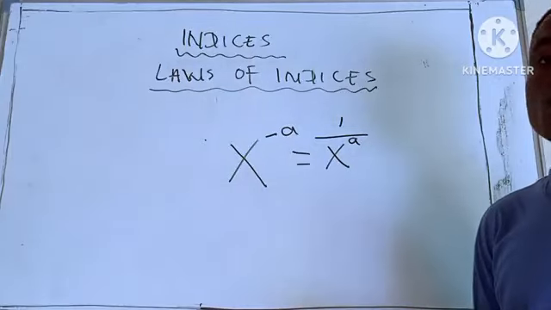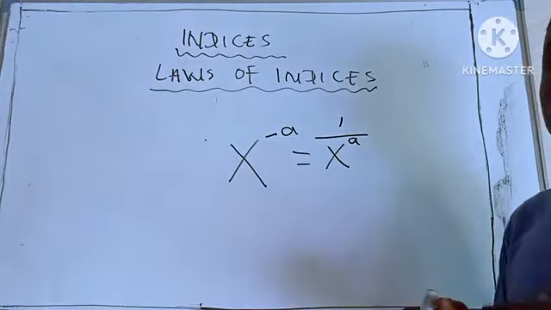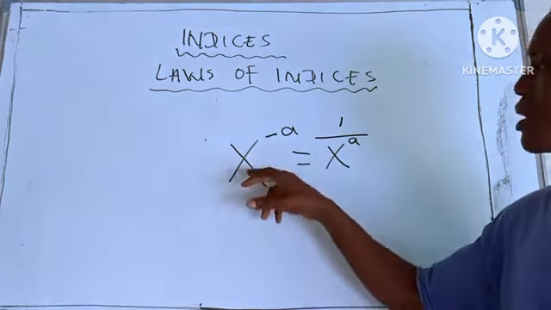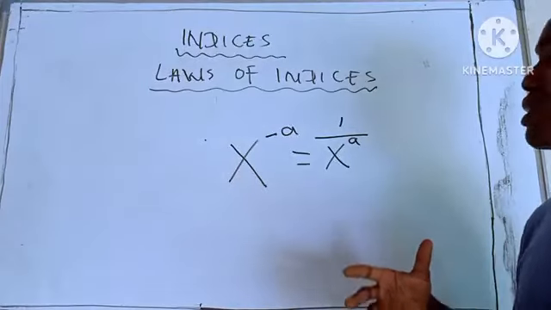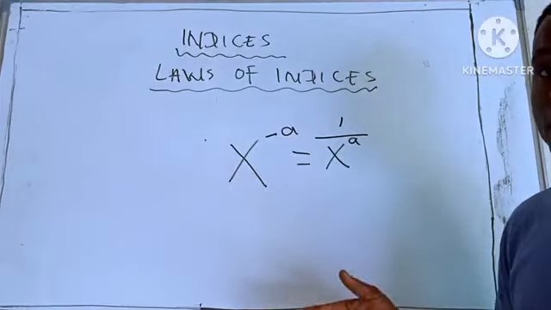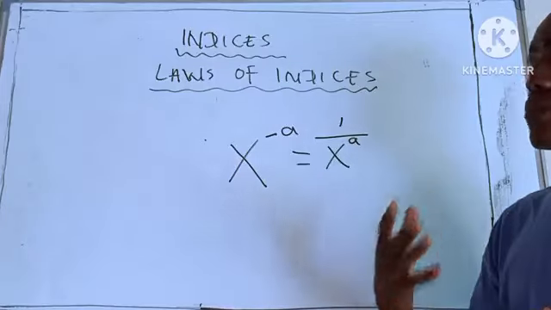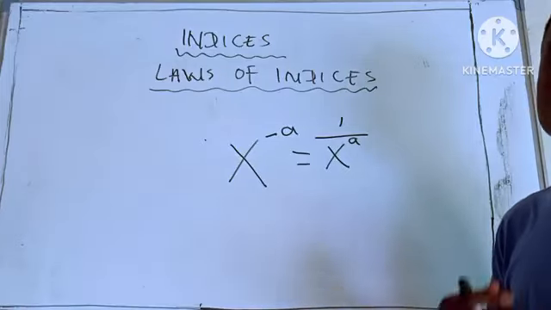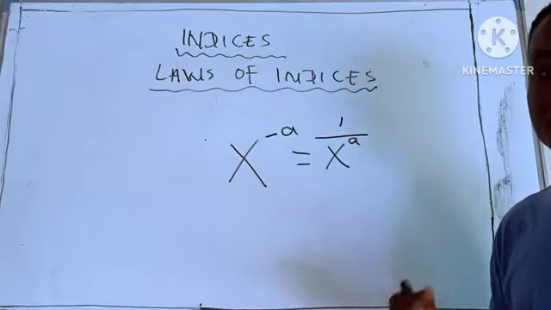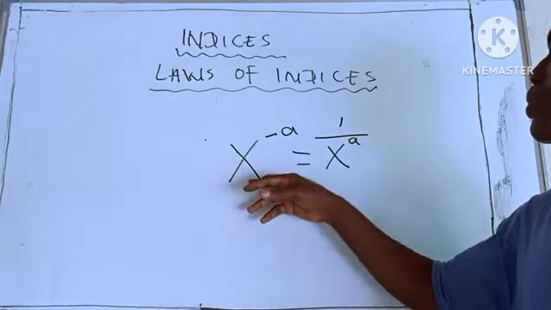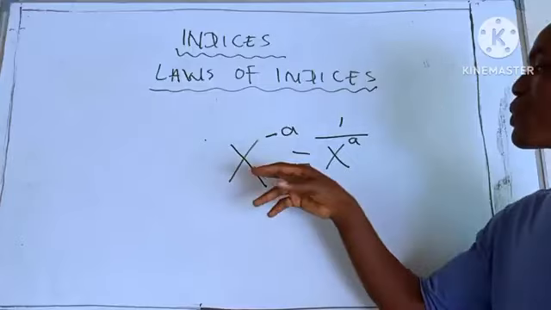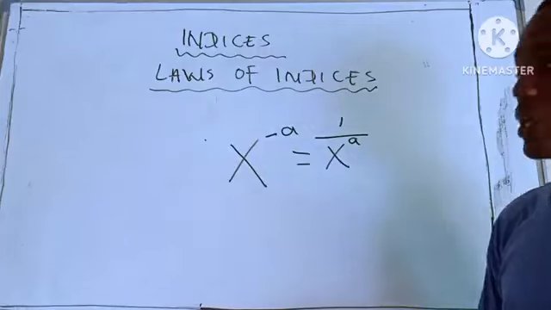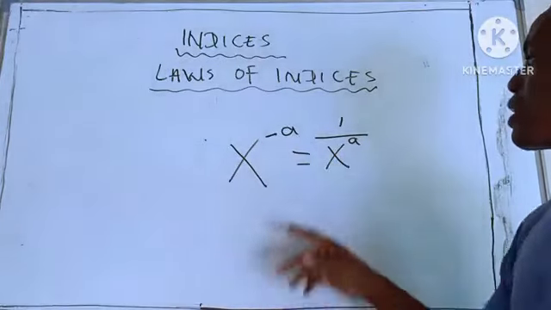When we are solving equations under indices, we will come across things like this. I'm using x, but I can use any variable, like y. But in math, most times we use x, find x, find x, find x, that's why I'm using this one. So take note, when you come across x raised to power minus a, you can change it to this one.